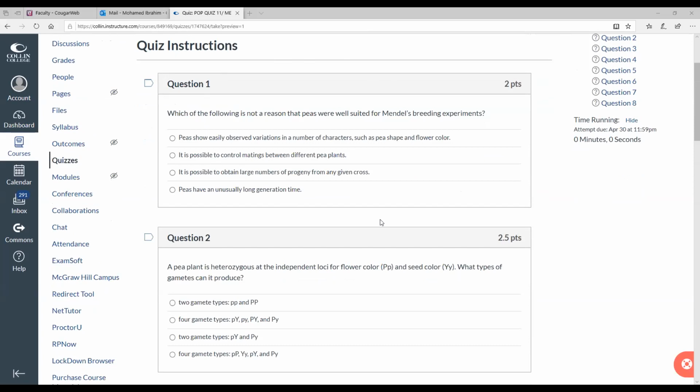One of those is not a true reason, or not a reason at all why Mendel selected peas. Do you remember the answer for this? All those are considered to be advantages except for this. When you say peas have unusually long generation time, this is wrong, because he selected peas in general because their generation time is short.